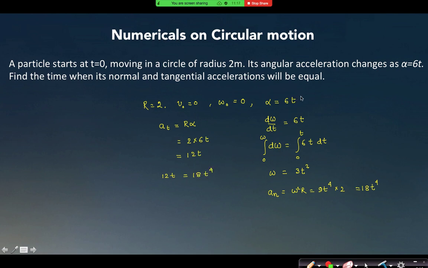I do not take the time t equal to 0, because the particle starts at that instant, so I can cancel t here. I will take t cube. So t cube is equal to 4, or you can cancel it by 6, so 2 by 3. So the answer for the time will be 2 by 3 to the power 1 by 3.